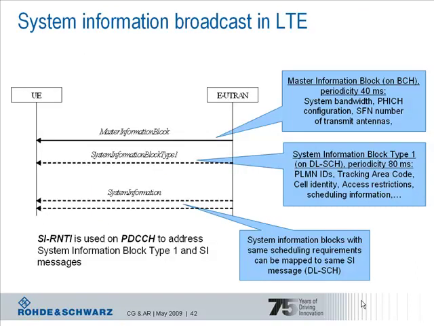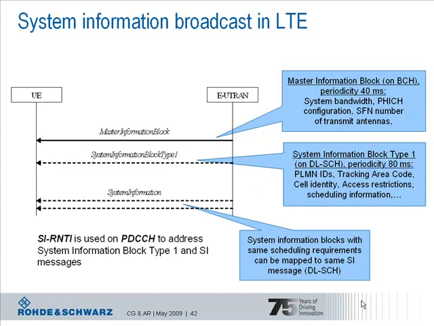But of course you need to decode the 40 milliseconds to get the whole information. The data in the master information block are the only system information transmitted via a dedicated control channel, meaning the physical broadcast channel. All other system information is transmitted using the shared channel principle. That is what Christina explained during the explanation of channel mapping in LTE.